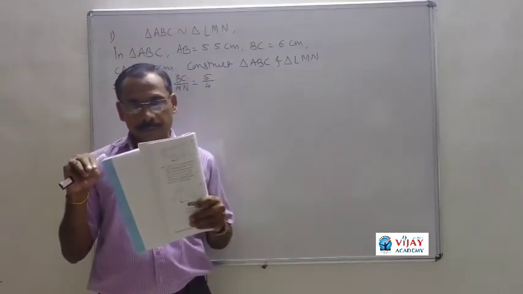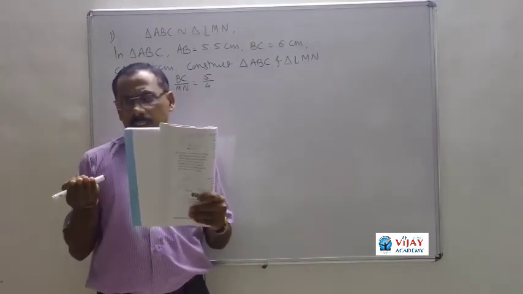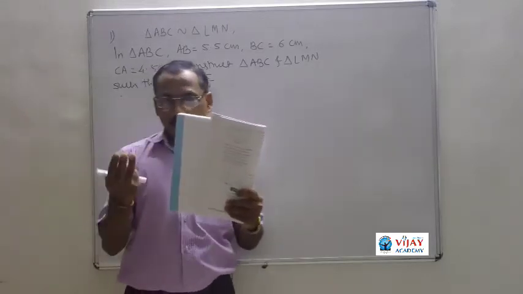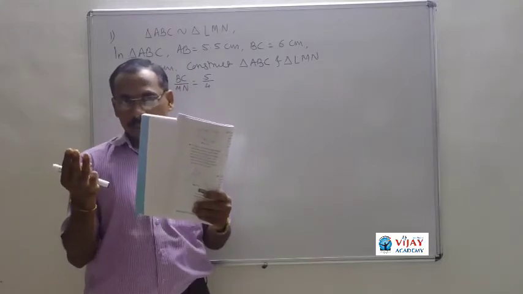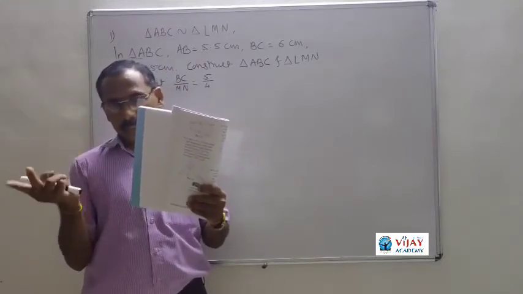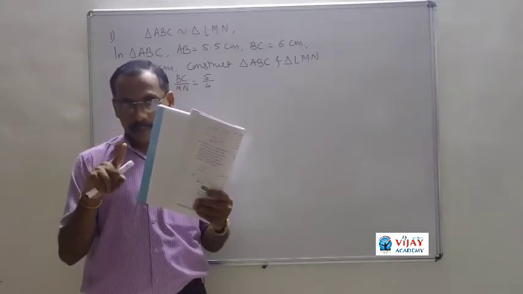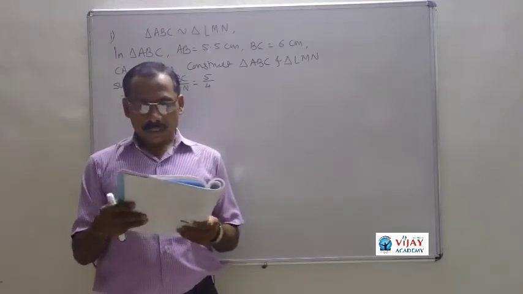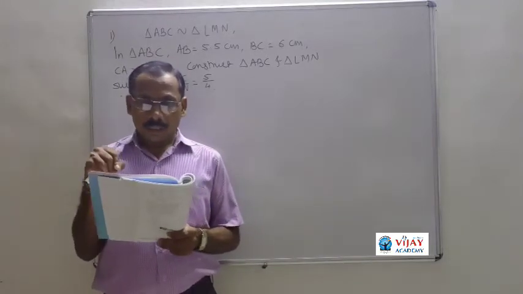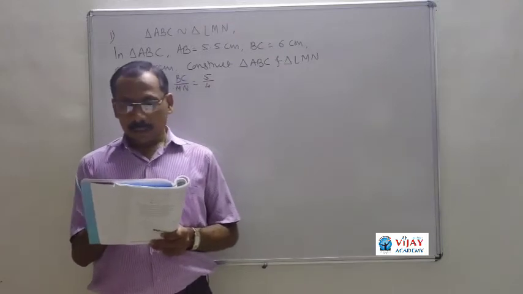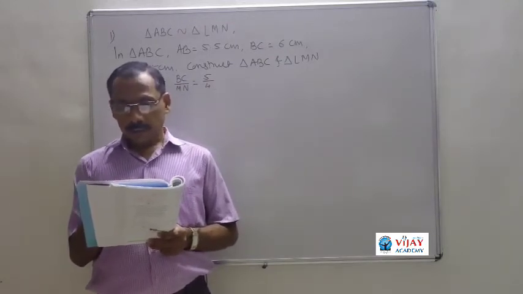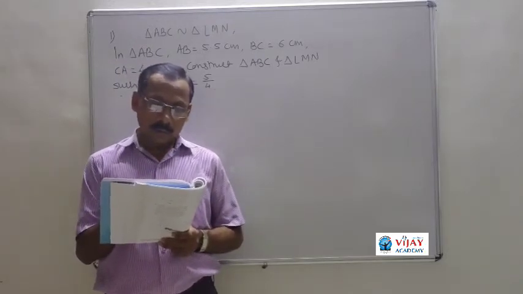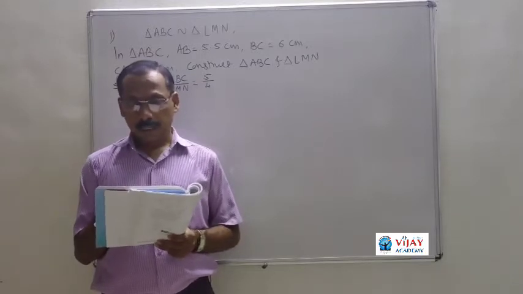To draw triangles, a minimum of 3 things are required: 2 angles and the corresponding side, or 2 sides and the angle between them. In this case, we have to construct a triangle similar to the given triangle, bearing the given ratio with the sides of the given triangle.